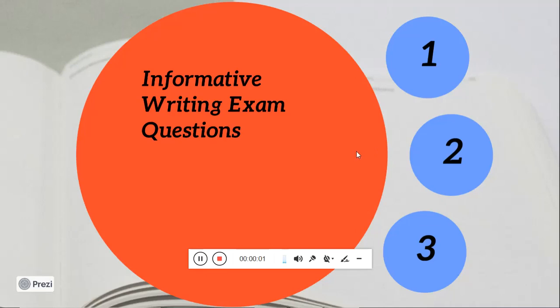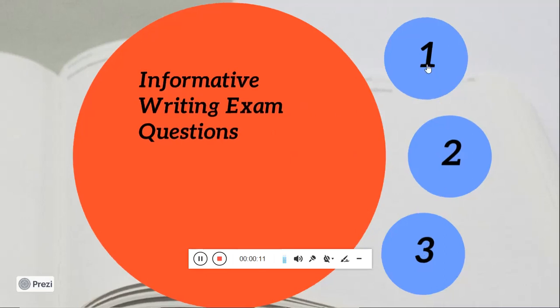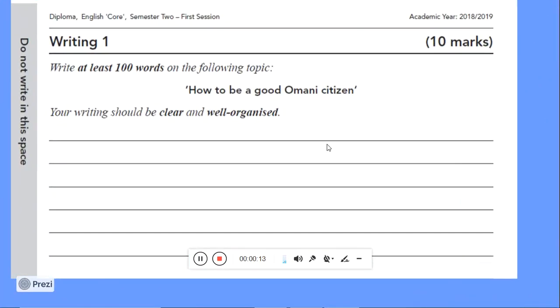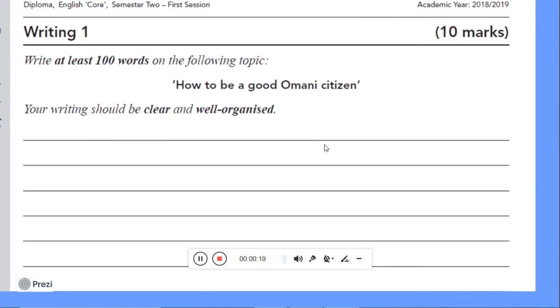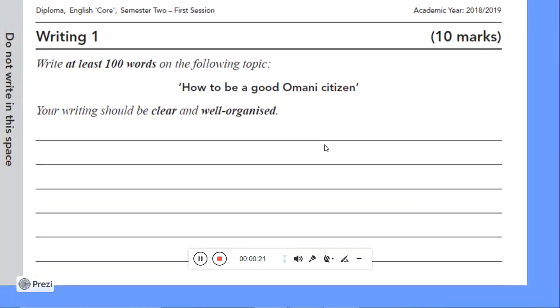Okay, so you can do these questions as homework. You have got 3 questions with 3 pieces of writing. You can show me your work in the comments below. Here, the first one, we got this question, how to be a good Omani citizen. Okay, your writing should be clear and well organized.